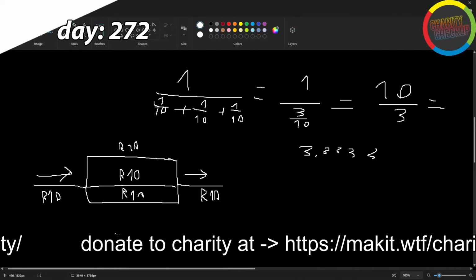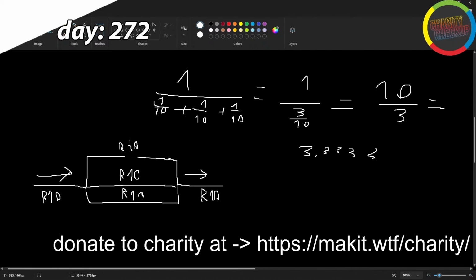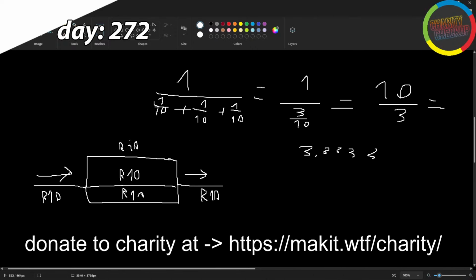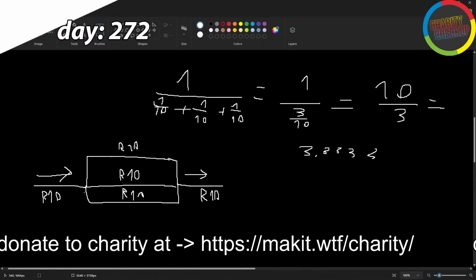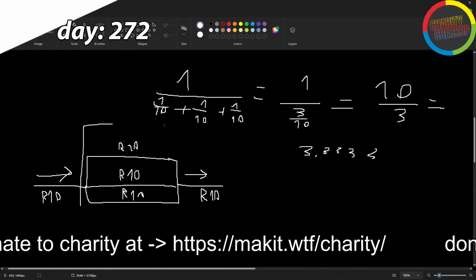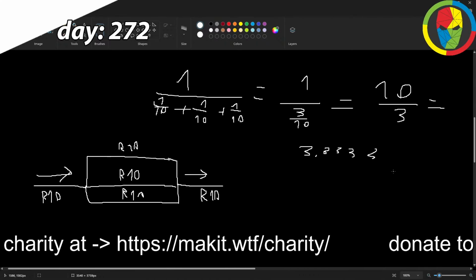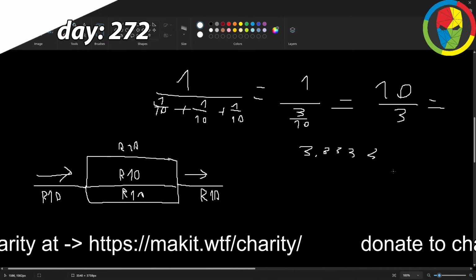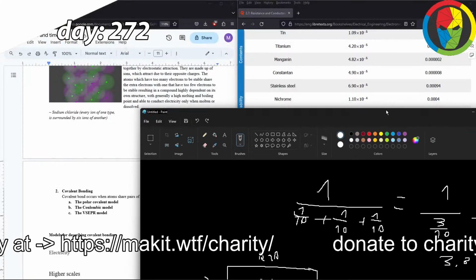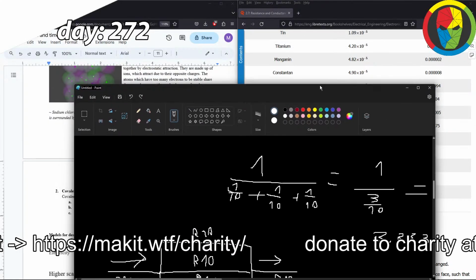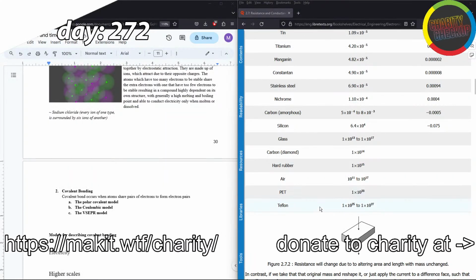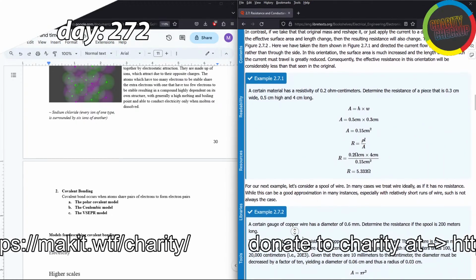So even though over here we have three resistances of 10, it's not a resistance of 30, only a resistance of 3.3333, because I already did a very lovely explanation on the previous live stream.